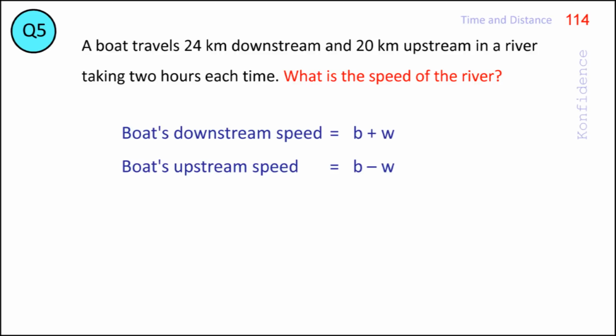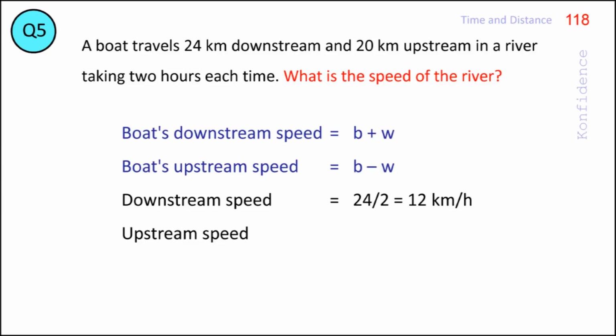In the question, it is given that the boat travels 24 kilometers downstream in 2 hours. So the speed of the boat in downstream direction is distance by time, which is 24 by 2 or 12 kilometers per hour. The boat travels 20 kilometers upstream in 2 hours.